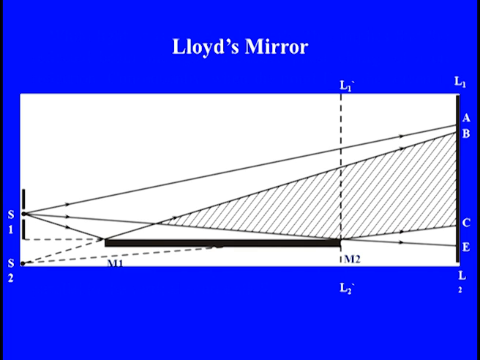This implies that the reflected beam undergoes a sudden phase change of pi on reflection. Consequently, when the point P on the screen is such that S2P minus S1P is equal to n lambda, where n equals 0, 1, 2, 3, etc., we get minima, that is, destructive interference.